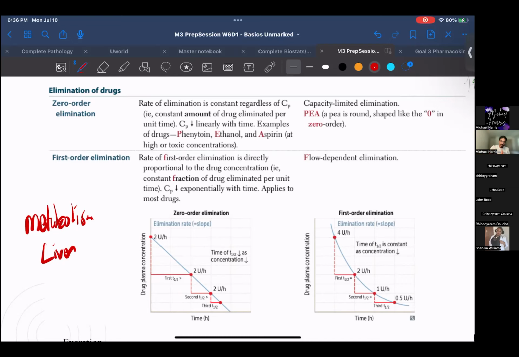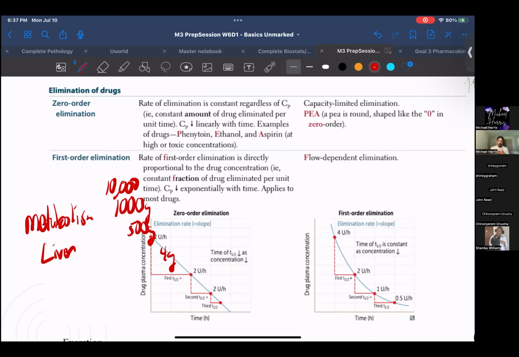So for instance, you have a drug that's 500 grams, and let's say every half-life, you lose 4 grams. It's always that way. Even if you have 1,000 grams, even if you have 10,000 grams, only 4 grams are removed per half-life.